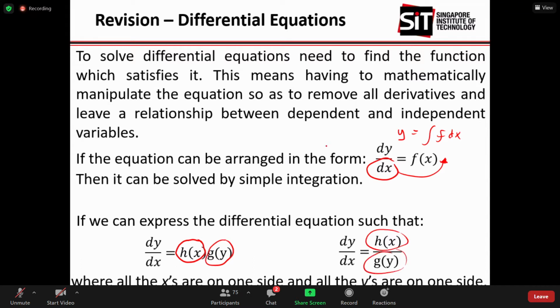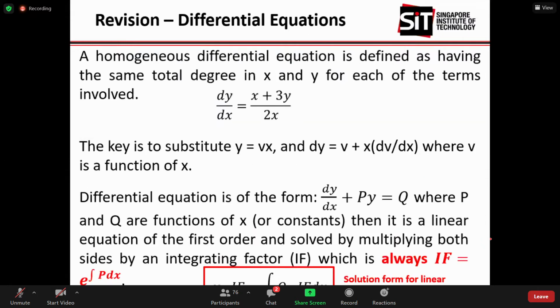Again, in this case, we can solve it fairly straightforwardly by simply rearranging the equation. So for example, we would have the integral of g dy equal to the integral of h dx. So this is known as a separable differential equation.